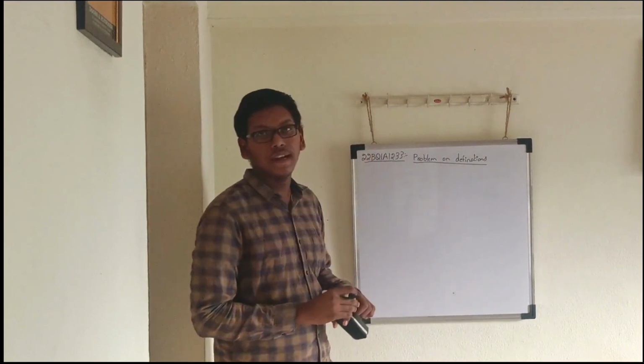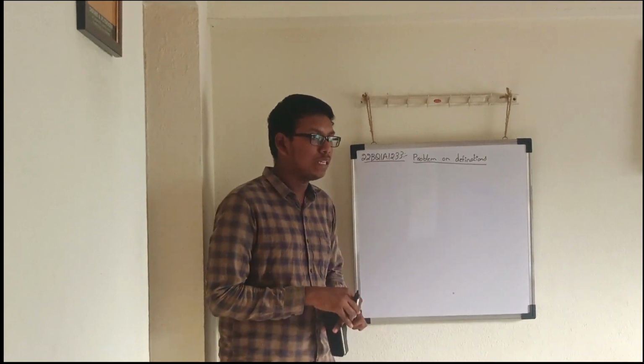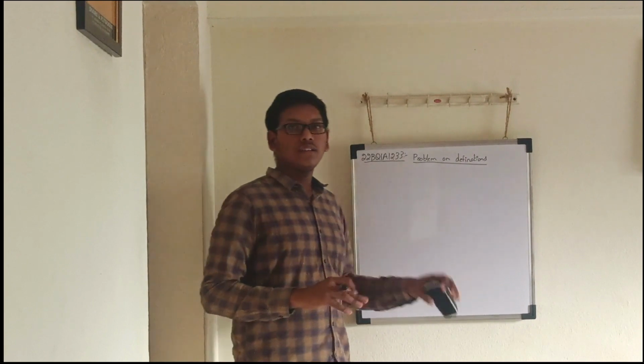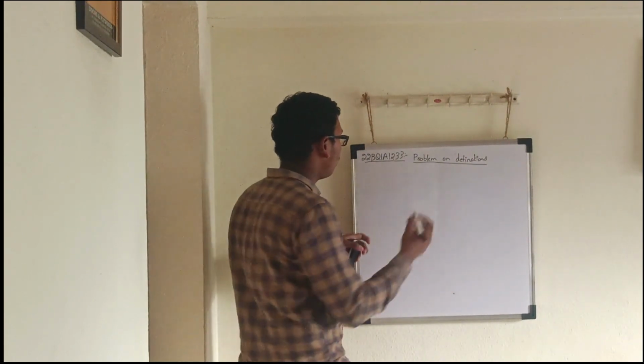When it comes to graphs, there are a lot of definitions, like what is an edge, what is a vertex, what is a directed graph, what is an undirected graph. So let us go through them one by one with the help of an example.